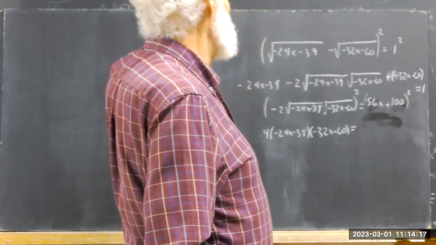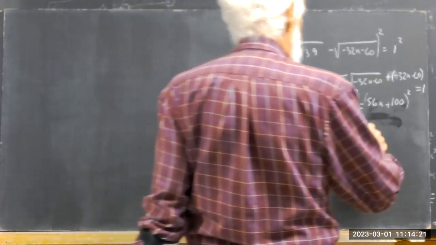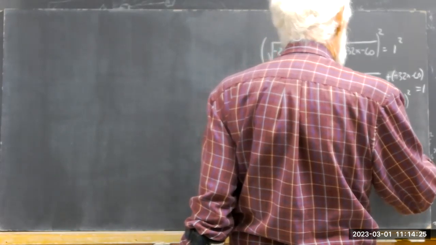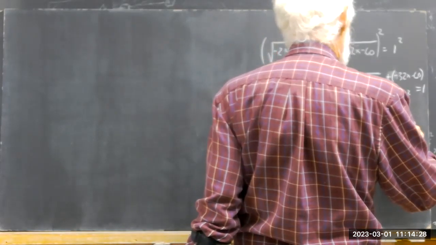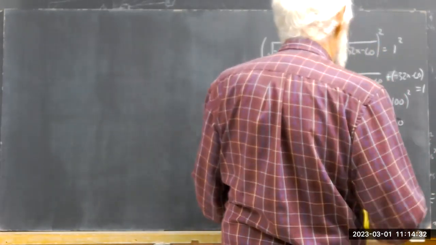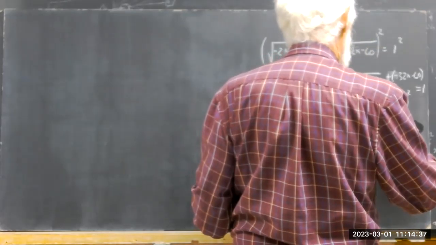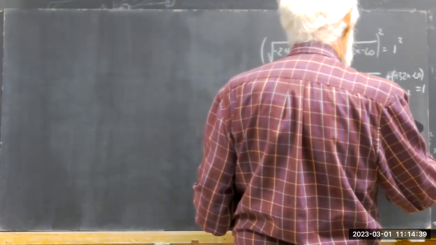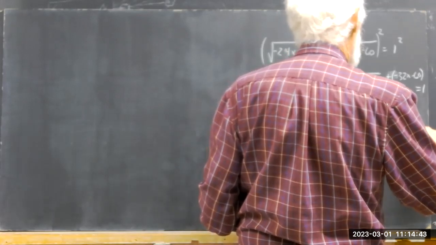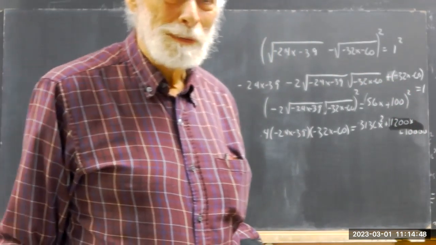Now 56 squared is 3,136, plus 5,600, 11 times 200, that's the next, plus 10,000. We in agreement?